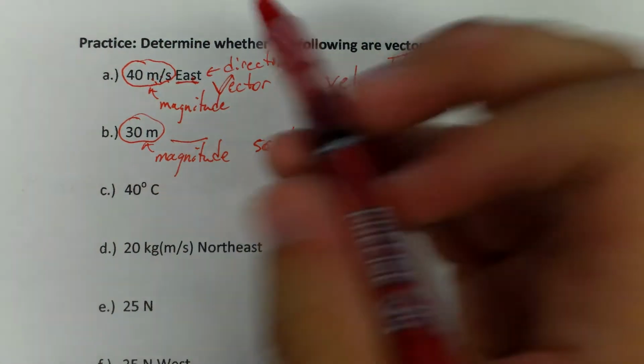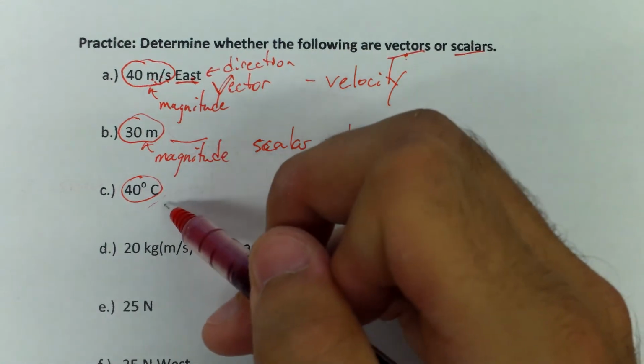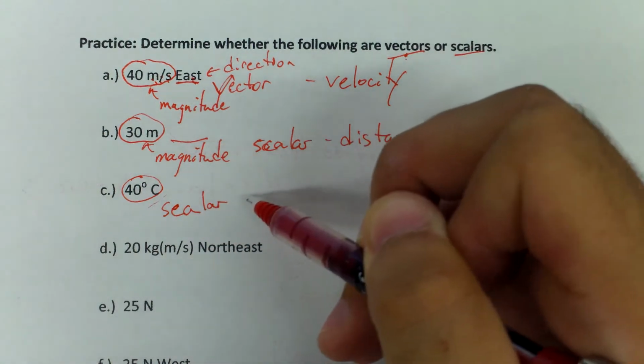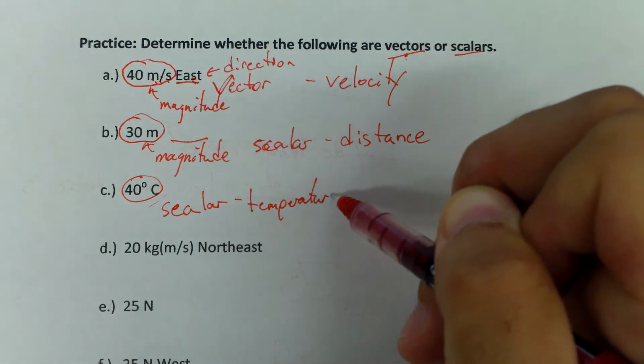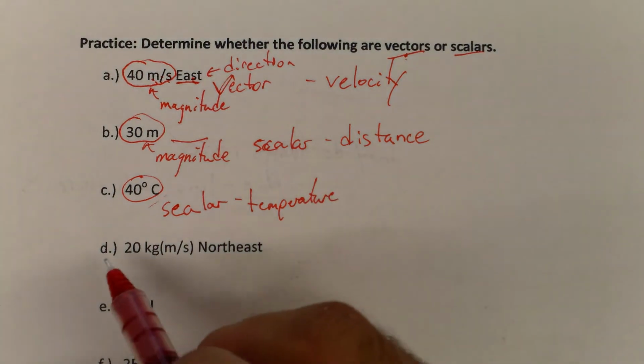All right. 40 degrees Celsius, I'm sure you are used to seeing that one already. That's temperature. Temperature is a scalar value. Okay, there's no direction. If you can go 40 degrees Celsius north, I'm impressed.